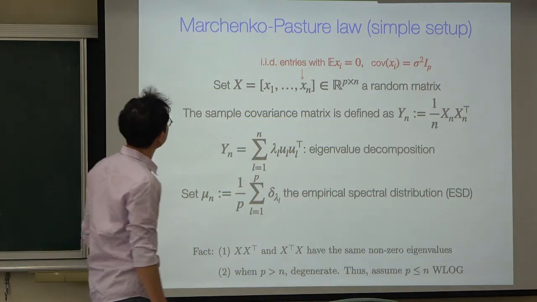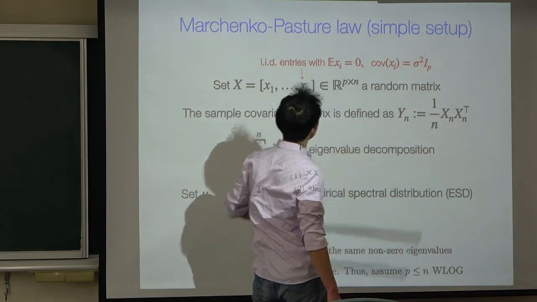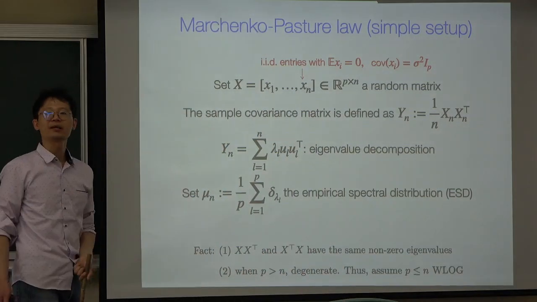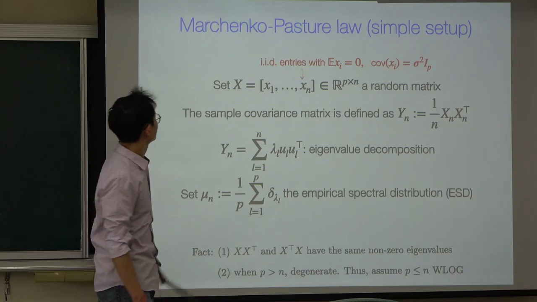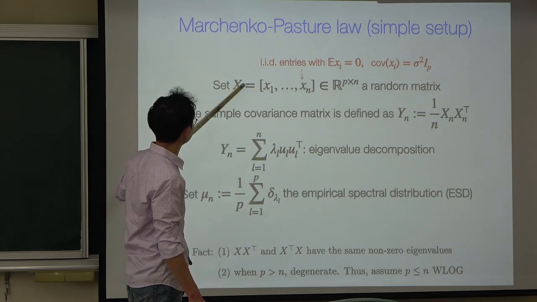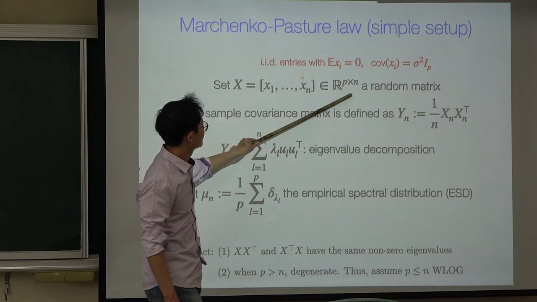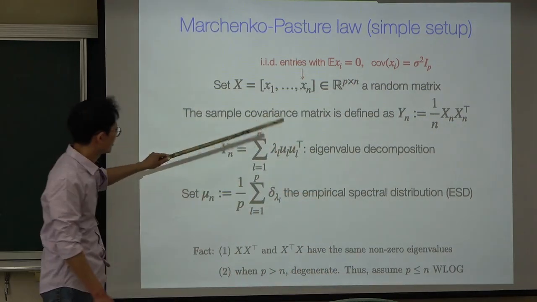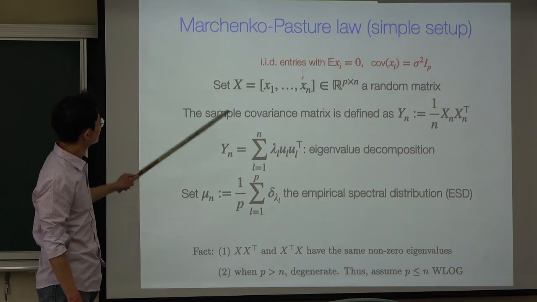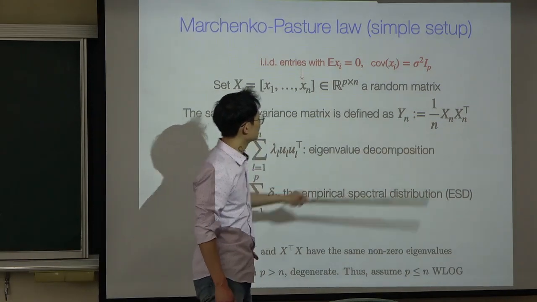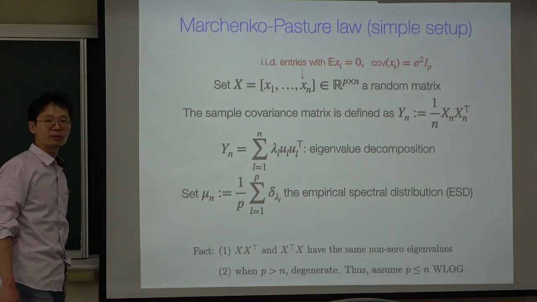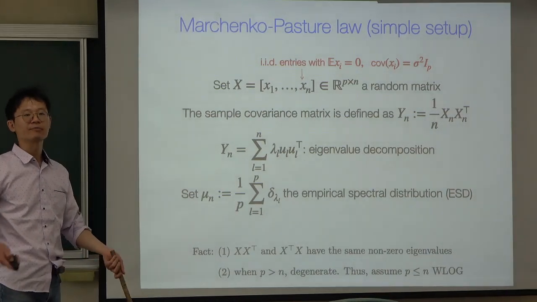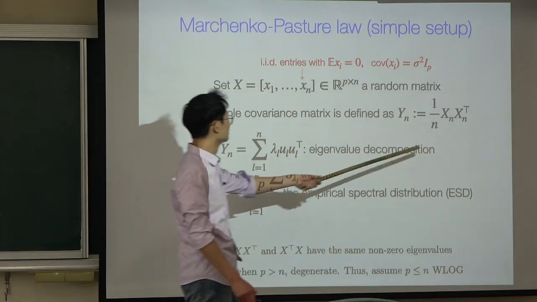And the Marcenko-Pastur law, under this very simple setup; we will have more complicated setups later when we need them. Suppose you consider X, which is x1 up to xn, a random matrix, and p and n satisfy what we discussed before. The sample covariance matrix is defined in this way. We assume we know the mean is 0, so we don't even need to do a subtraction.